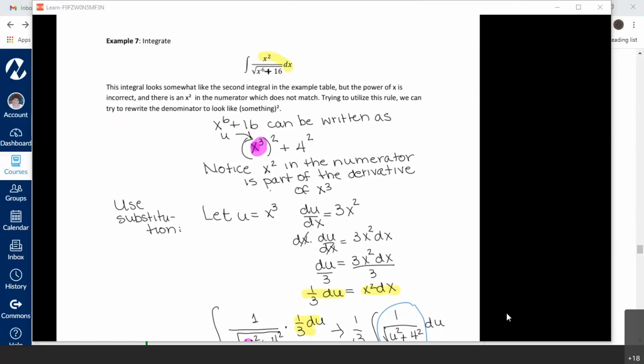No, I didn't take the derivative of it. X squared is part of the derivative of u equals x cubed. So I used substitution.